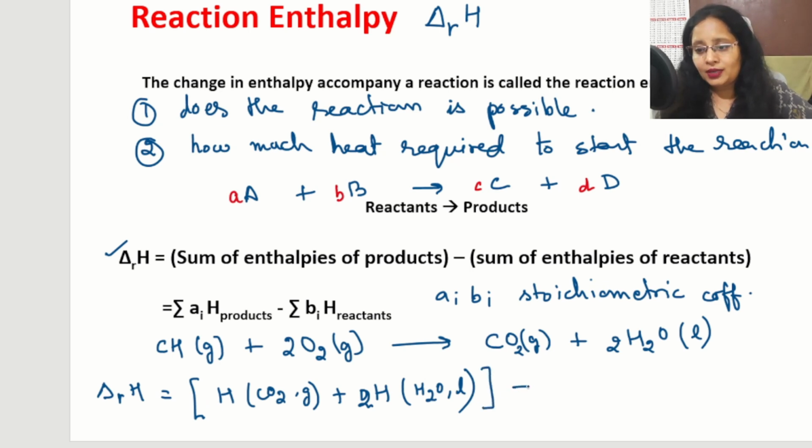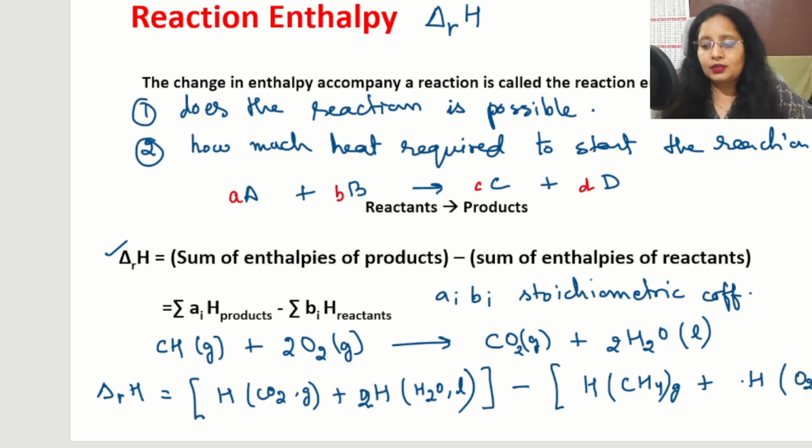Now minus the enthalpy of the reactants, enthalpy of CH4 gas plus enthalpy of oxygen gas. Here oxygen is 2 and methane is 1, so 1 need not be mentioned. This is the way we can calculate the reaction enthalpy.